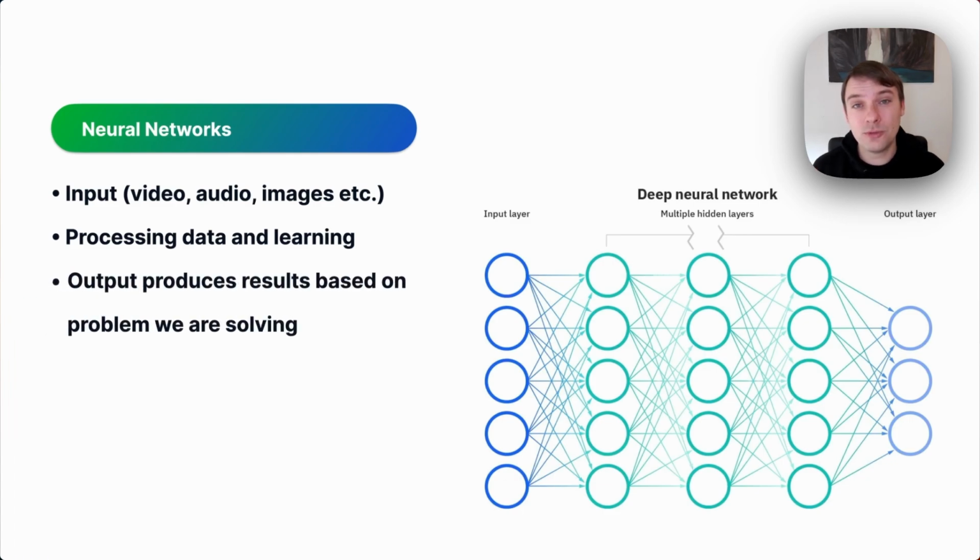So the output produces results based on the problem that we are solving. Everything that's connected to recognizing either images or speech or stuff like that, we usually use neural networks for that. Now, for that, we need to train a model.